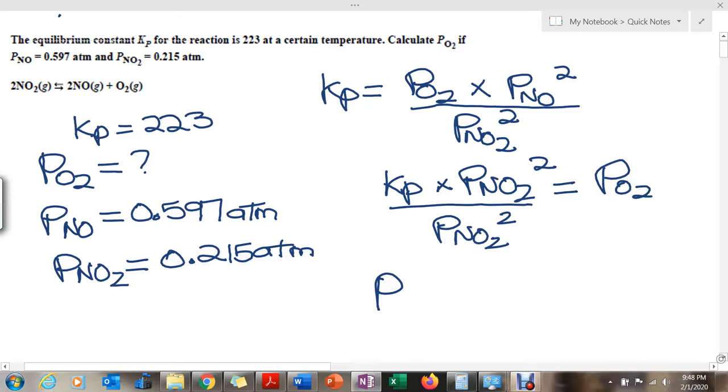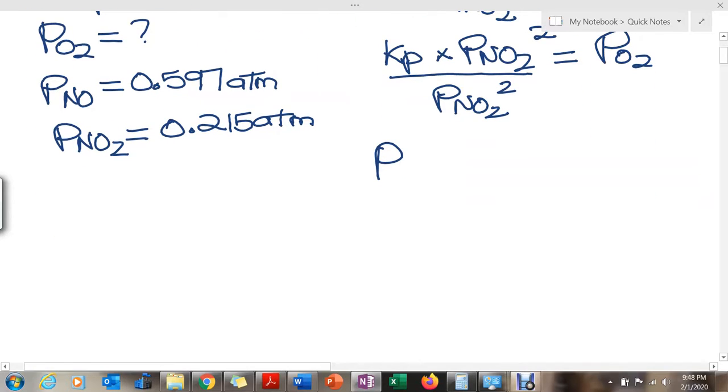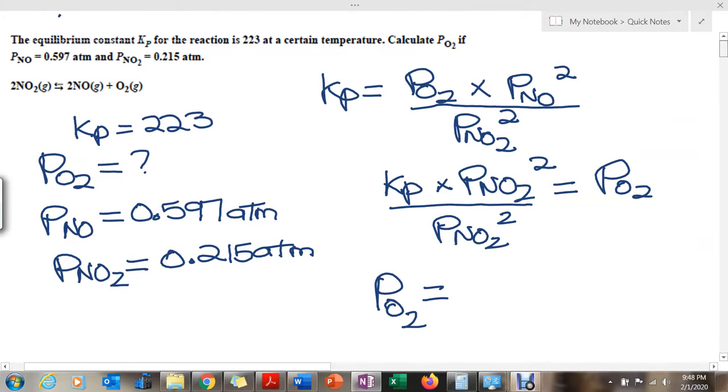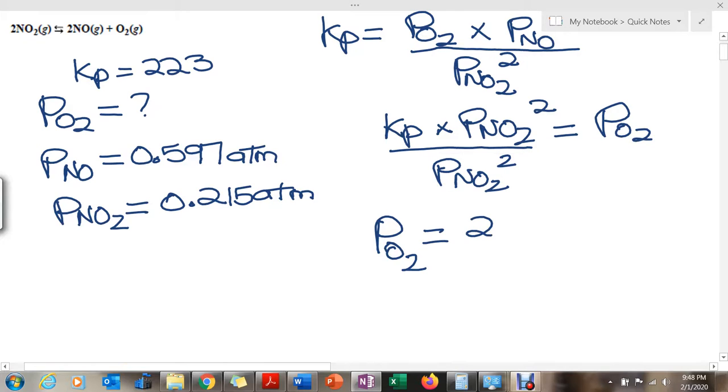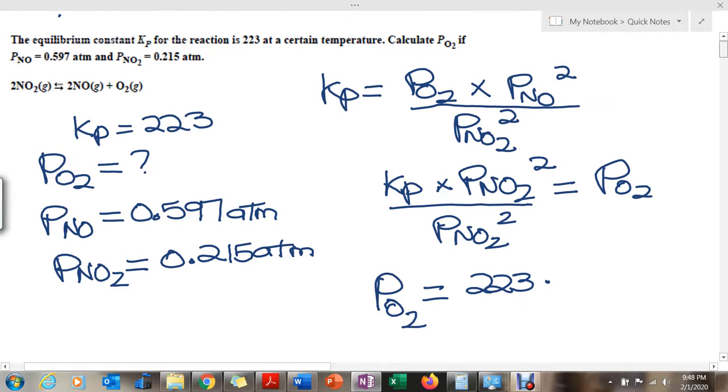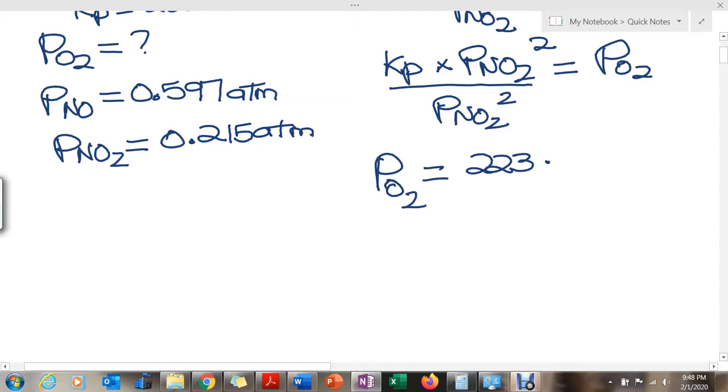The partial pressure of O2 would be equal to, what is the Kp? Kp says 223. So it's going to be 223 multiplied by the partial pressure of NO2. NO2 goes on the top because it was on the bottom.